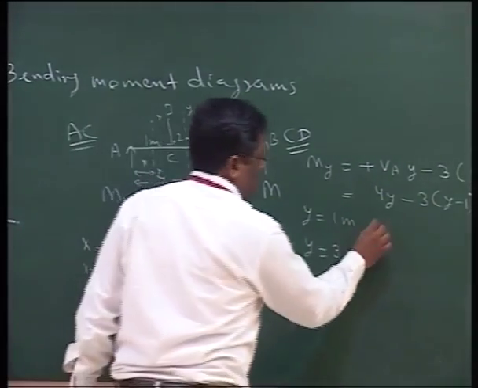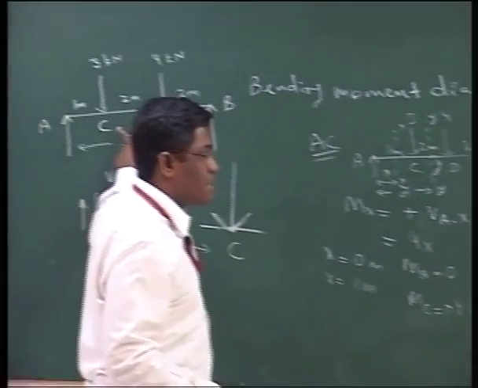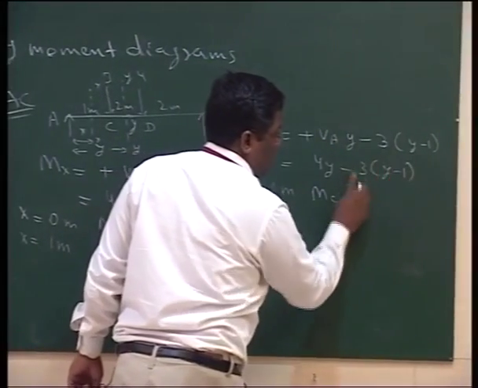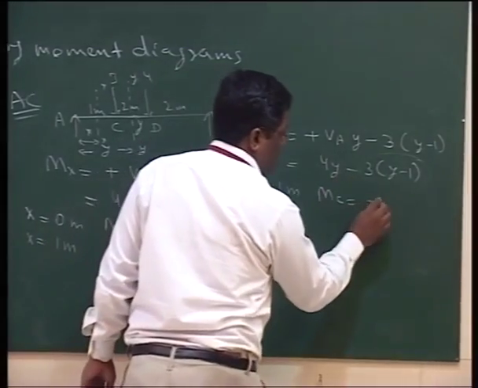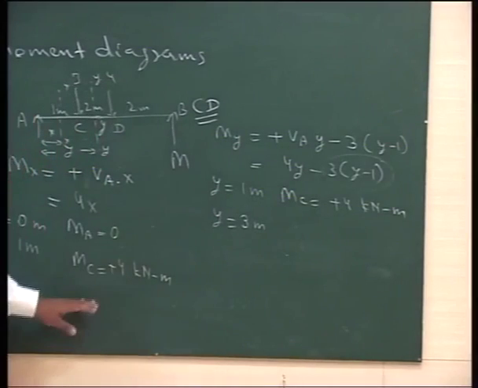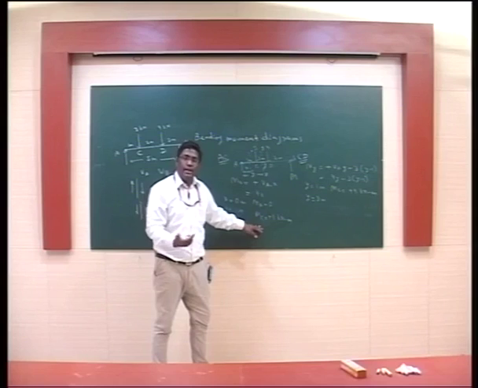Now if we put y is equal to 1, it will also give M at C. If I put 1 here, this term will be 0, and we get 4 into 1 once again, which is the same as we got before. Because in bending moment there cannot be anything left or right. Why?